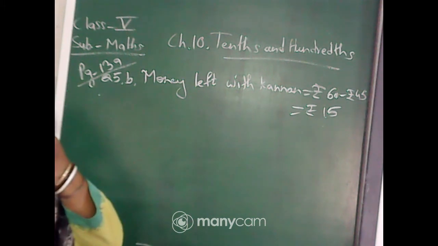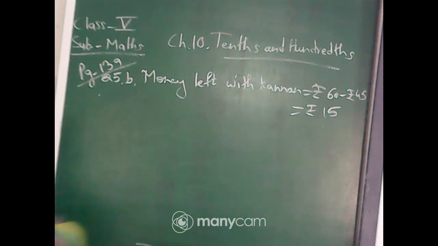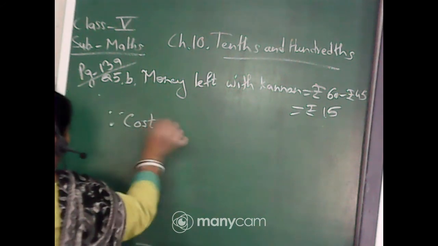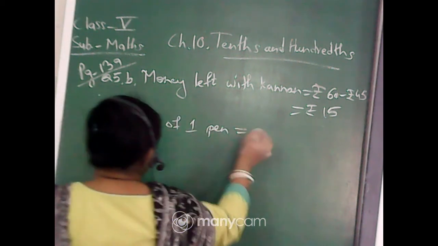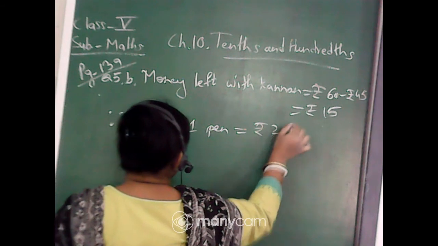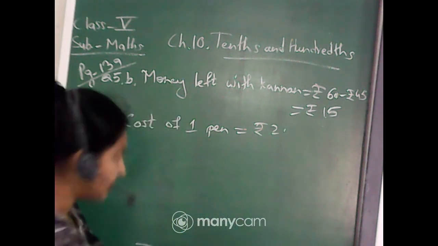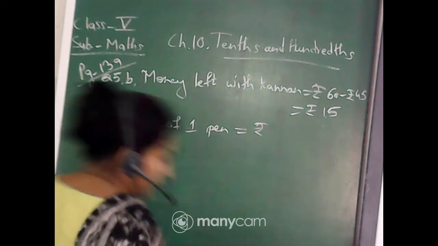What can you write for the next one? Since the cost of one pen is rupees 6 and 50 paise, not 2, it is rupees 6 and 50 paise.